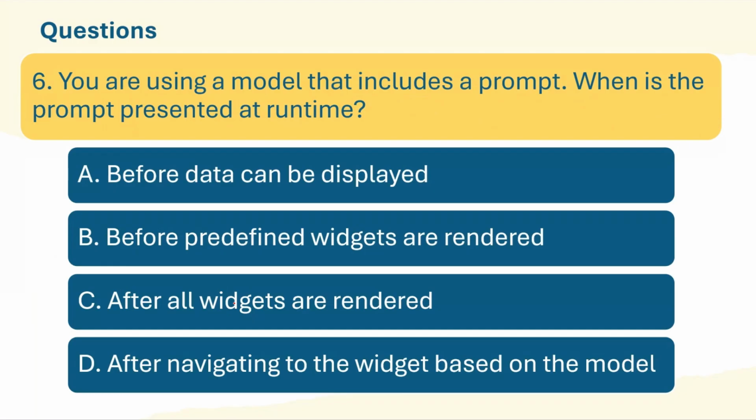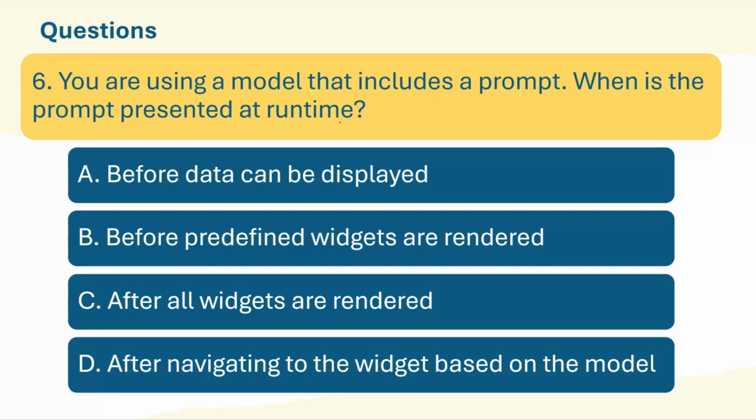You are using a model that includes a prompt. When is the prompt present at runtime? You remember we created a variable while creating our import model. So the question is when that prompt will come. Usually that prompt comes before the data is displayed, because the meaning of the prompt is not only about this import model.